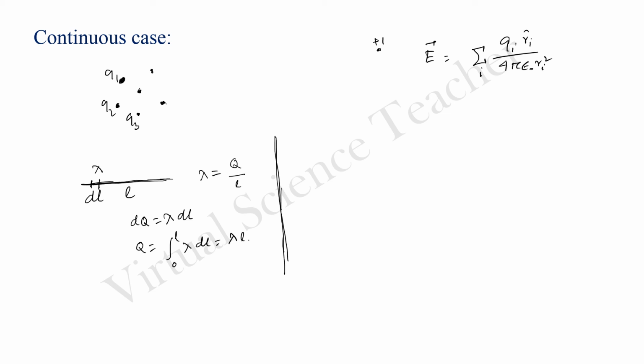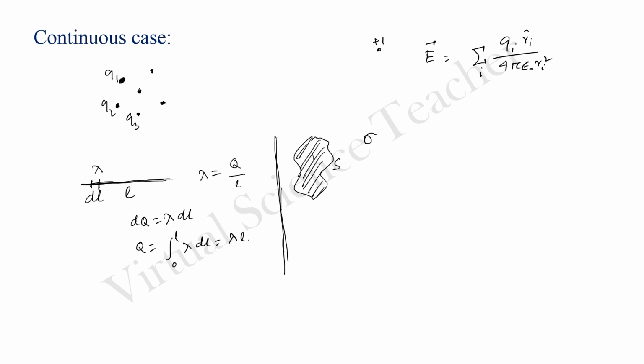Similarly, for the two-dimensional case, there may be a surface charge density. Suppose this is a surface and the total area of the surface is S, and the surface charge density is denoted by sigma.